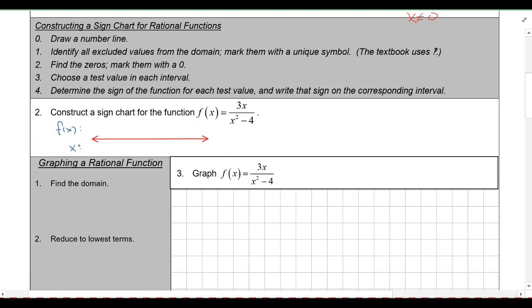Okay, so let's go to step 2. We're done drawing our number line. Step 2 says identify all excluded values from the domain and mark them with a unique symbol. Okay, your textbook uses this symbol right here. It is a question mark and an exclamation point at the same time. So it really looks like this.